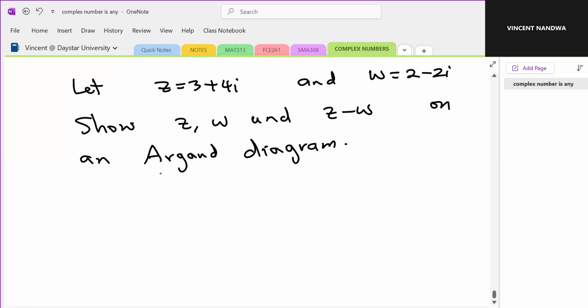So the first thing, let's define the difference. So Z minus W: 3 minus 2 is 1, 4i minus minus 2i is plus 6i.